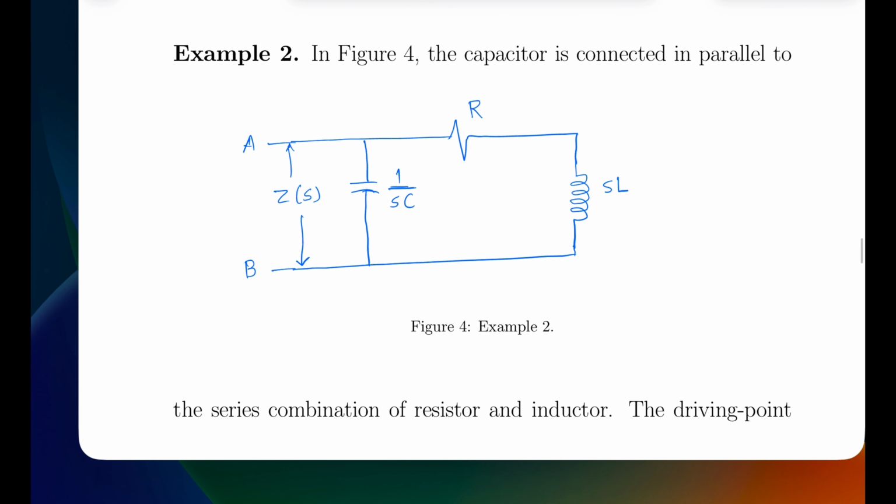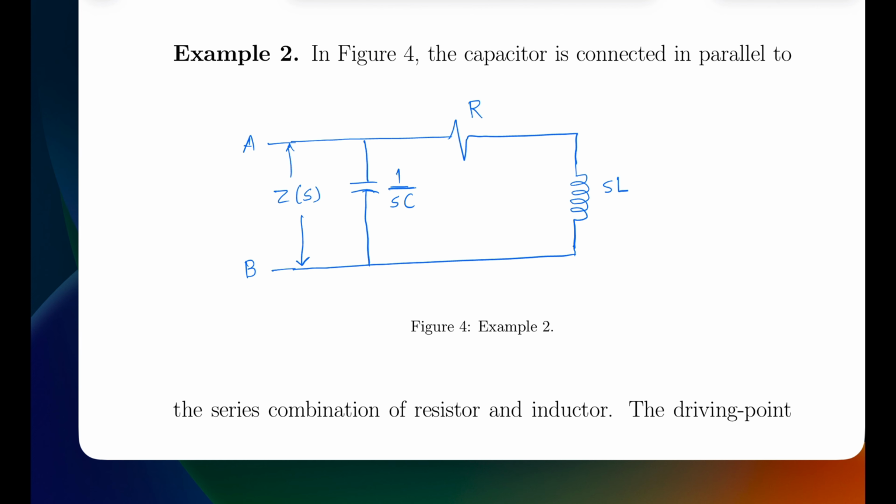In figure 4, we have a resistor and an inductor connected in series. With this series connection, we have a capacitor of capacitance C connected in parallel.